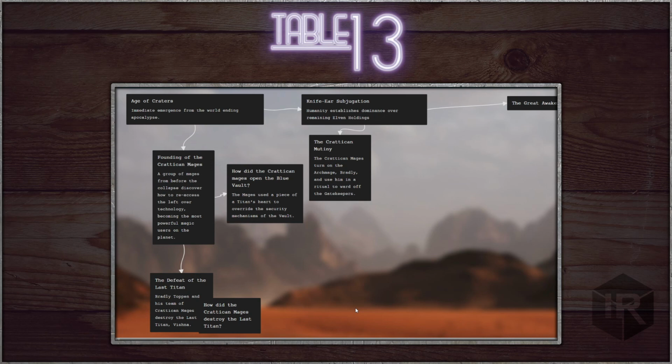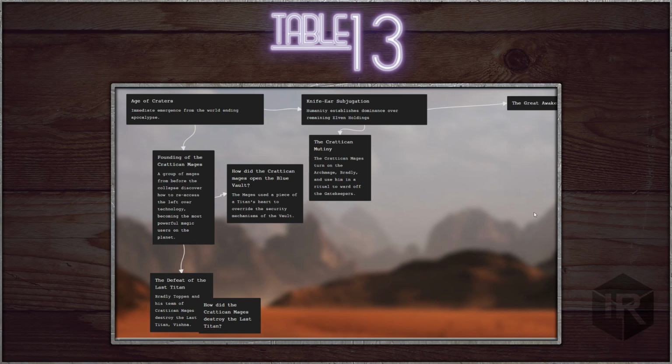So, I guess starting with setting the stage, we will be, I think, probably just outside of a humanity holding of some variety that is being set upon by this Titan, which I'm assuming is some sort of monolithic, destructive, robot type thing.